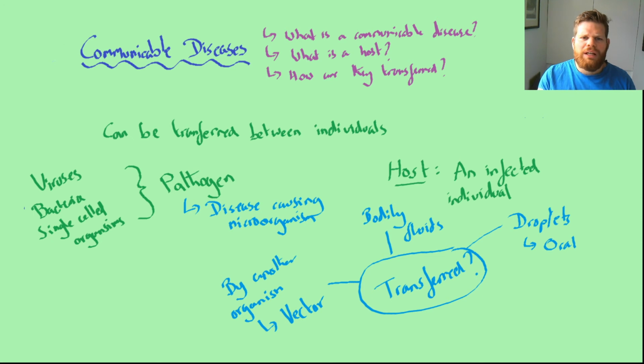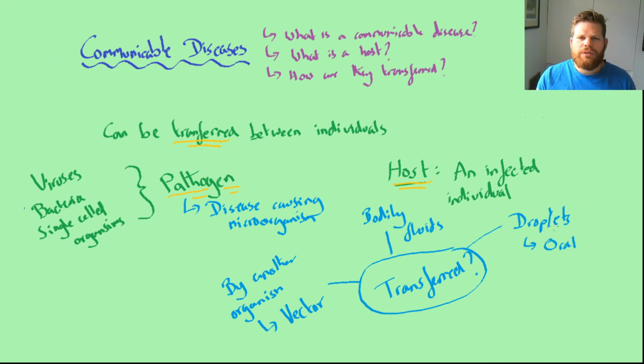So let's have a look in summary at what we've got. Communicable diseases can be transferred between individuals, so if you have a communicable disease, you can potentially give it to somebody else. A pathogen is a disease-causing microorganism. A host is an infected individual.